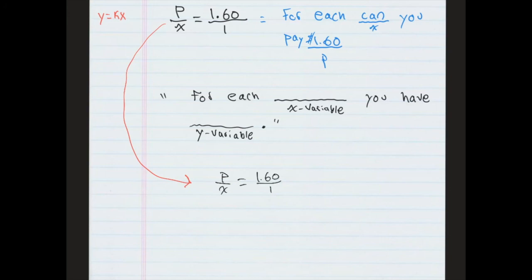And then I want to move this x over here. I'm going to multiply both sides by x. What happens is those cancel. And I've got p equals 1.60x. And we don't have to really write over 1 because anything divided by 1 is just itself. So that would be my answer right there if I were asked to write a direct variation equation.